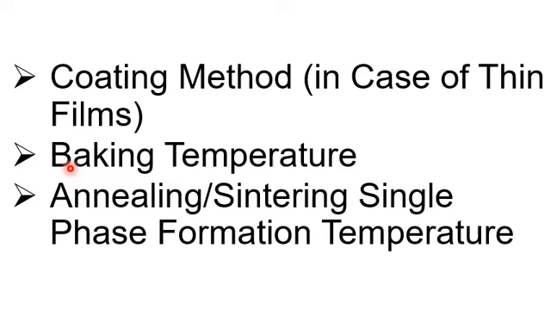Another key important parameter considered in a sol gel processed thin film is baking temperature. So student, please note that when the wet gel solution is introduced onto the top of the surface of the substrate, we need to bake the solution which is placed onto the top of the substrate, and the baking temperature is usually between 100 to 200 degrees centigrade.